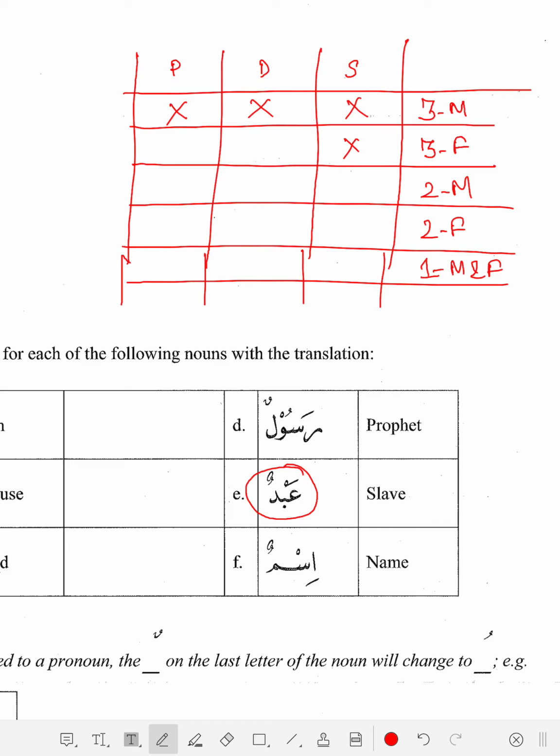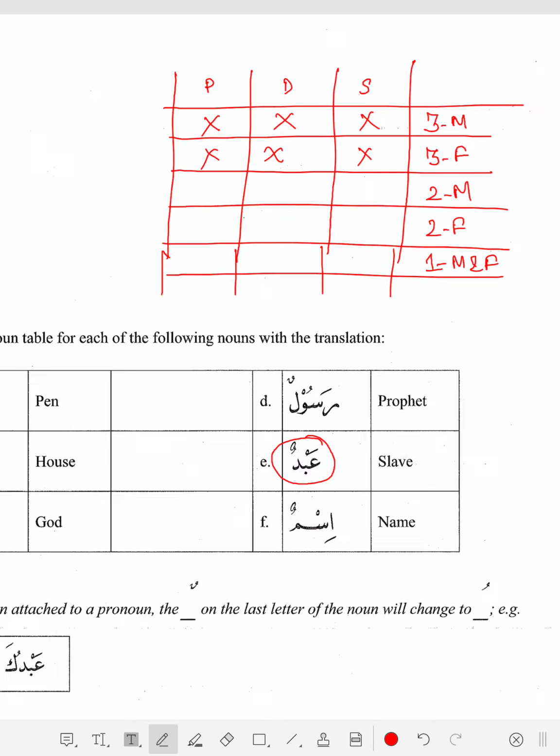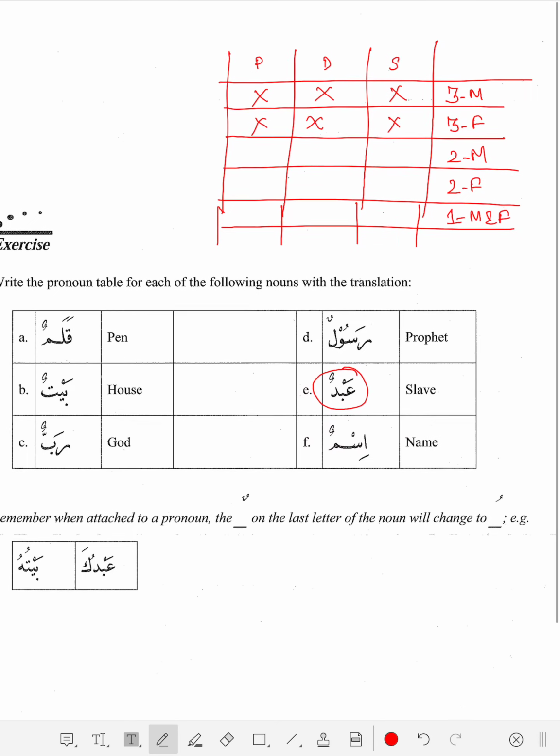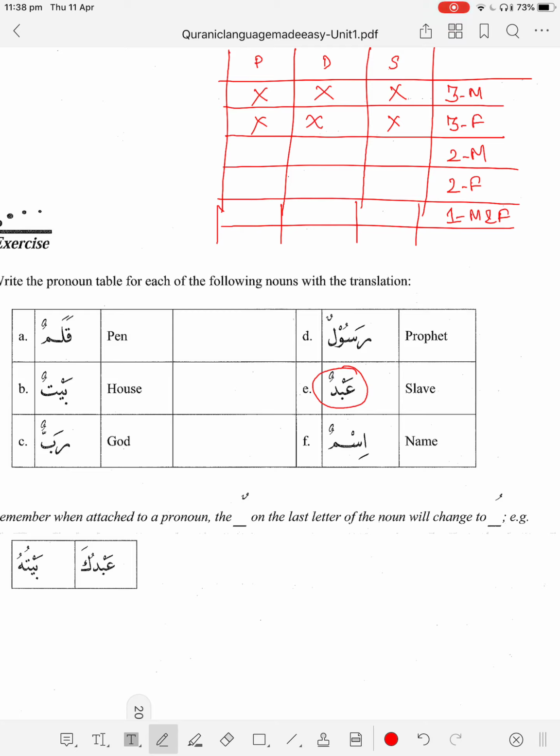And abduhuma, their slaves, and abduhunna, their slaves, referring to female plural. So you can do these exercises here, and then we do the other lesson.